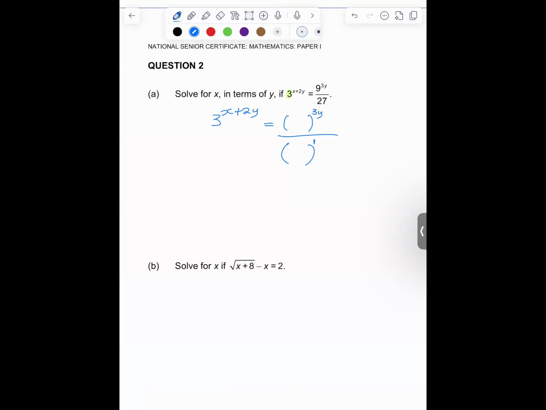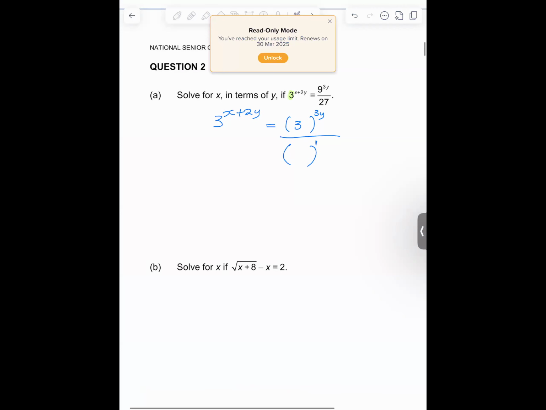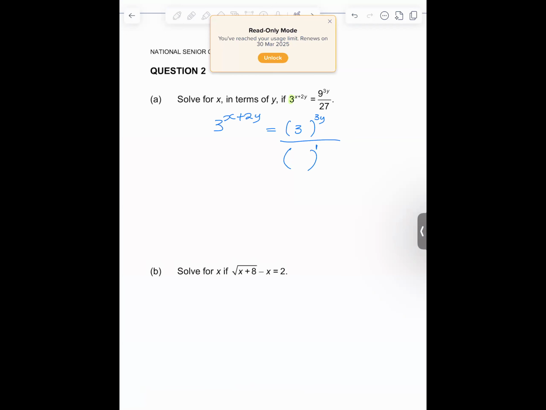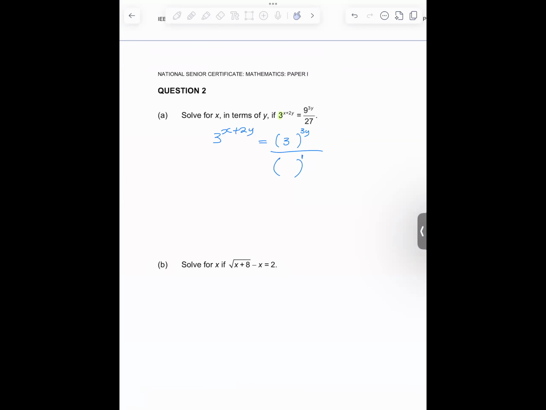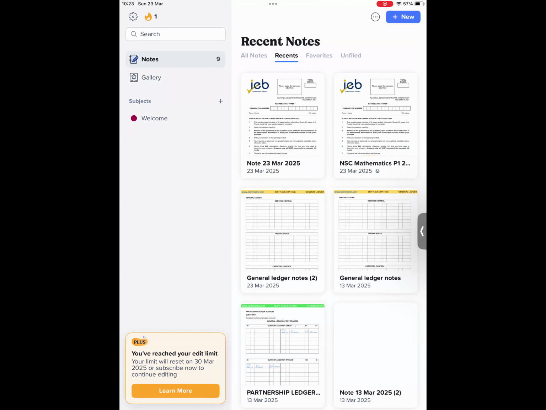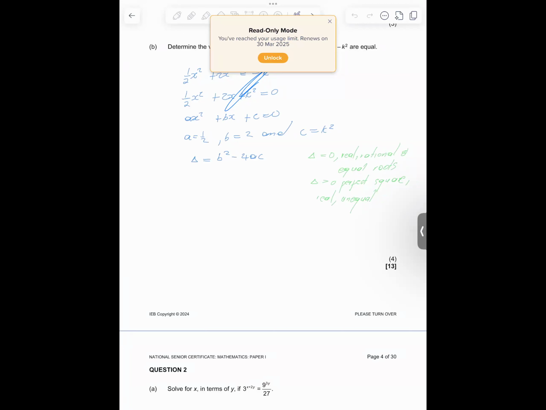So where there is 9, I'm just going to put in there 3 squared. It's refusing to work.